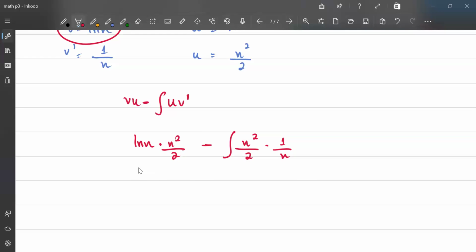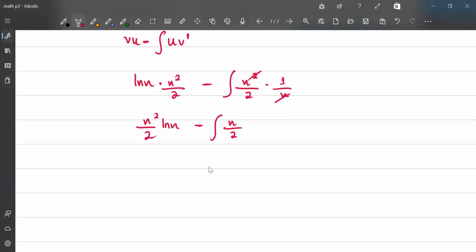So we can write this as x squared upon 2 ln x. We can take 1 upon 2 outside. So it would be, you can just simply cut this, right? So it would be x upon 2. All right. So we can now just take this outside. x squared upon 2 ln x minus 1 upon 2 integral of x.